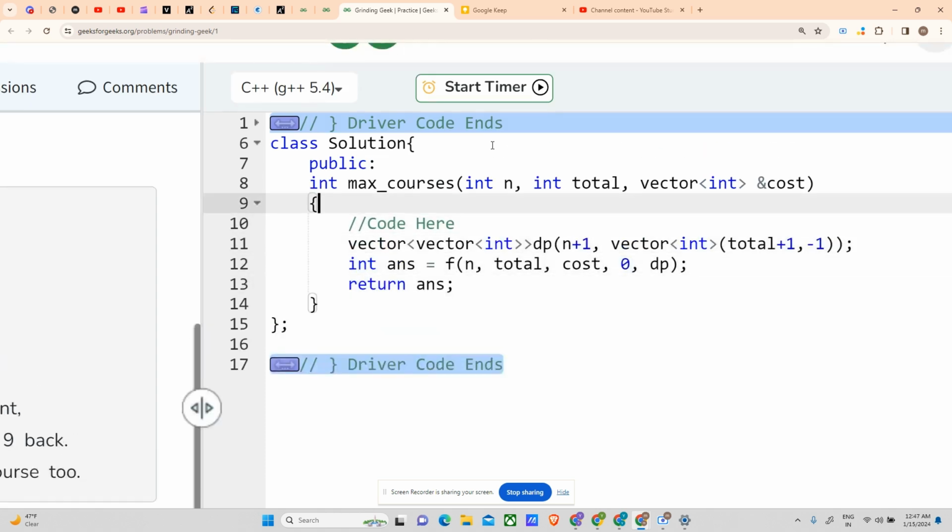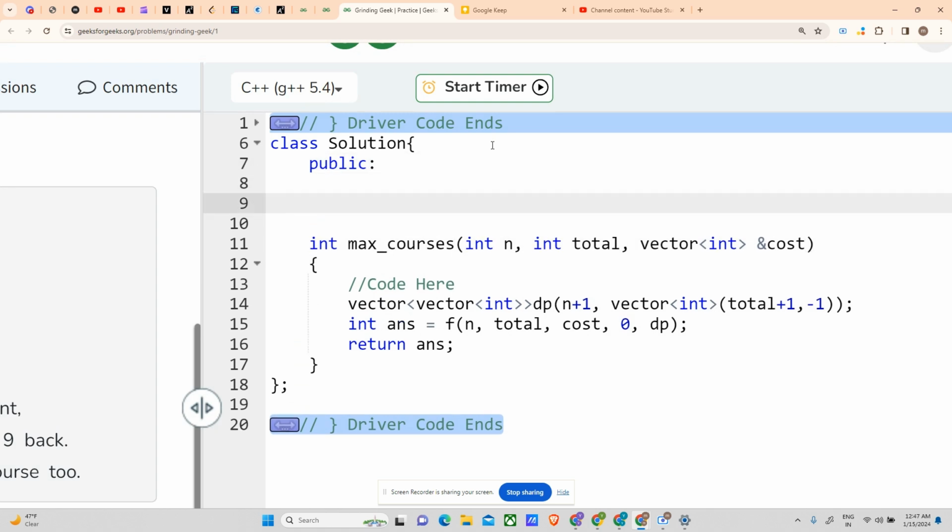Now I just have to implement the function. My function is returning an int. So int f, taking an int n, total money, a cost array passed by reference, my index, and my dp array.